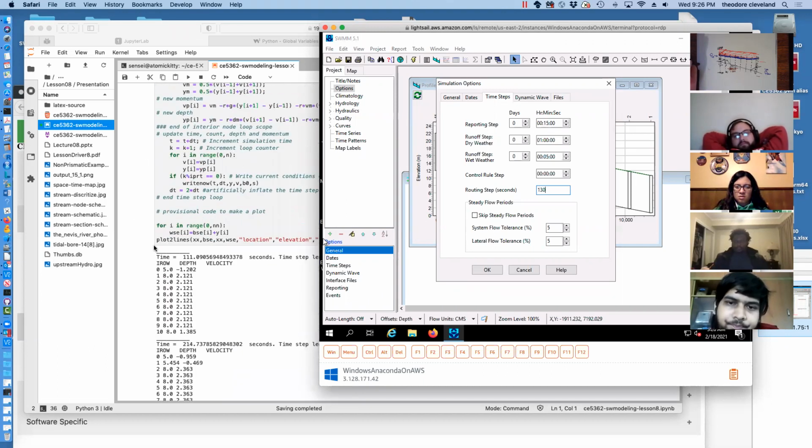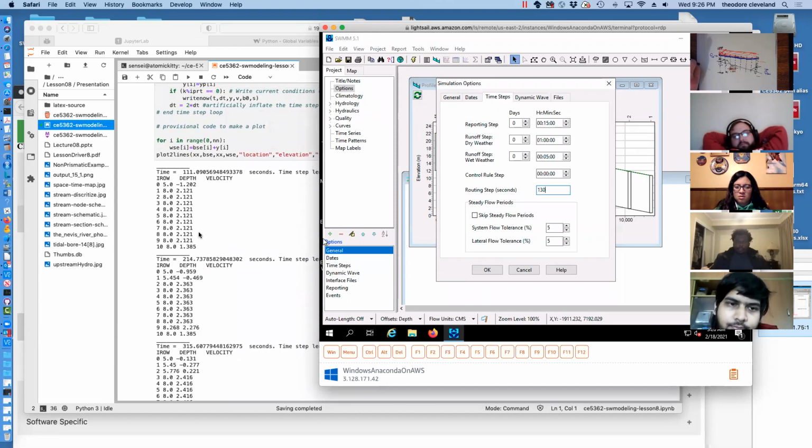In our example, not that we're going to look at it, we were producing output about every 100 seconds, so every 2 minutes. So we can run this down to every 2 minutes, which would be 120 seconds.